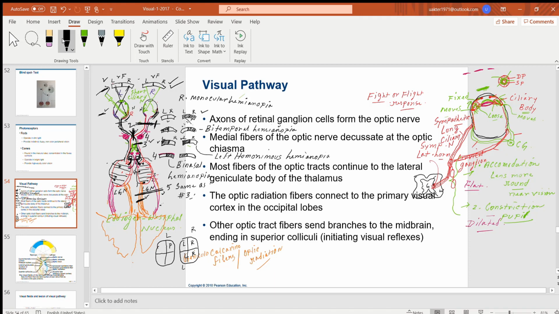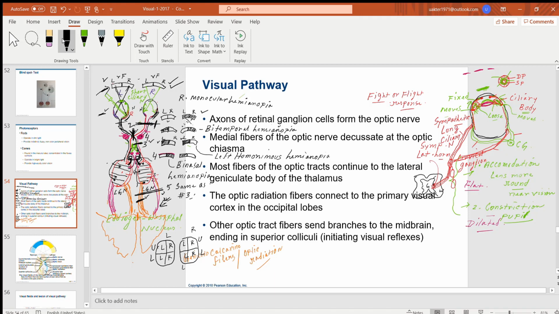Same way, right upper, right lower, left upper, left lower. Okay, so remember that if this side is affected, then opposite sides. This is the right side, right? So the left side's visual field will be impacted.